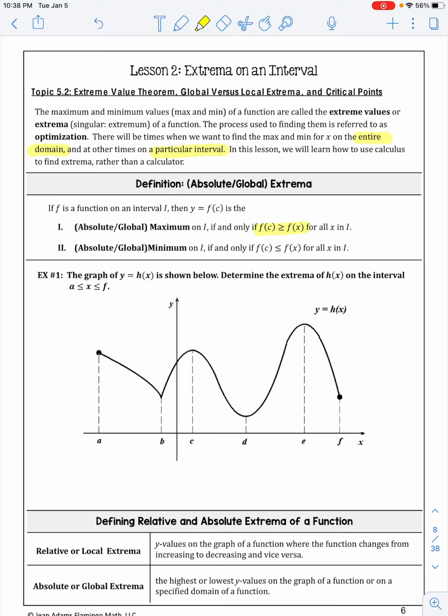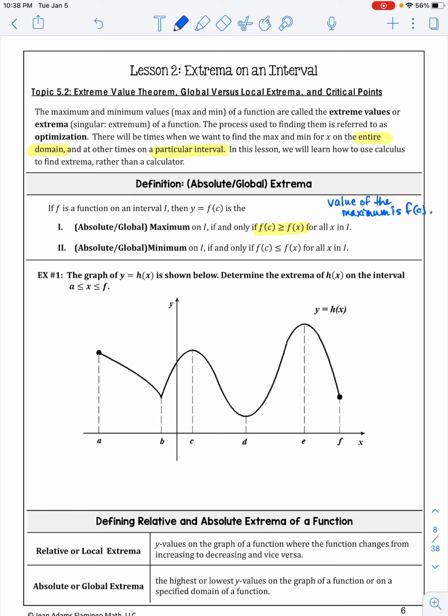That's how I know I have a maximum at x equals c, and the value of that maximum is f of c. Okay, so the value of the maximum is that y value of the function if you have a maximum there.